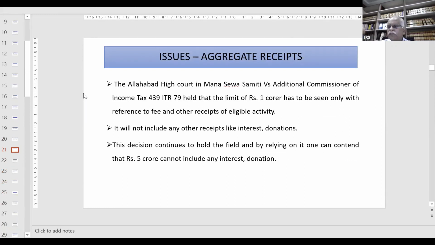In Mana Seva Samiti, 439 ITR 79, the court held that you have to calculate the fees relating to that particular institution.